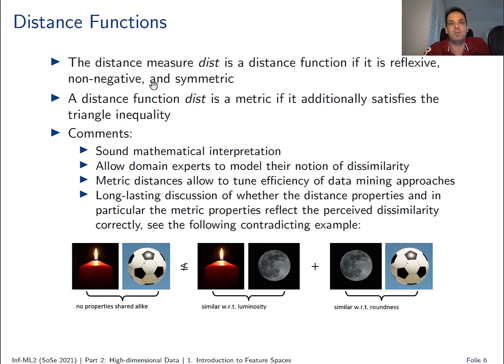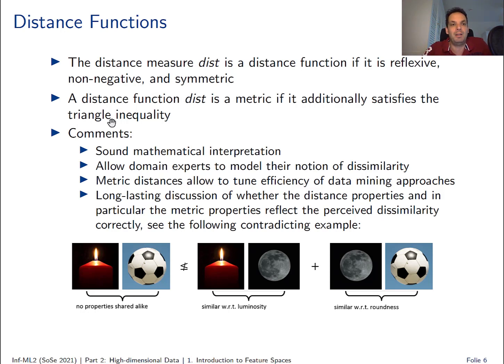Yeah, so in that case you should call it a distance measure. If it is really reflexive, non-negative, and symmetric, then it's also a distance function. Yeah, it's just a kind of syntactical sugar, so to say. No, it's not, because different things have different characteristics. So a distance measure has some different properties than a distance function.